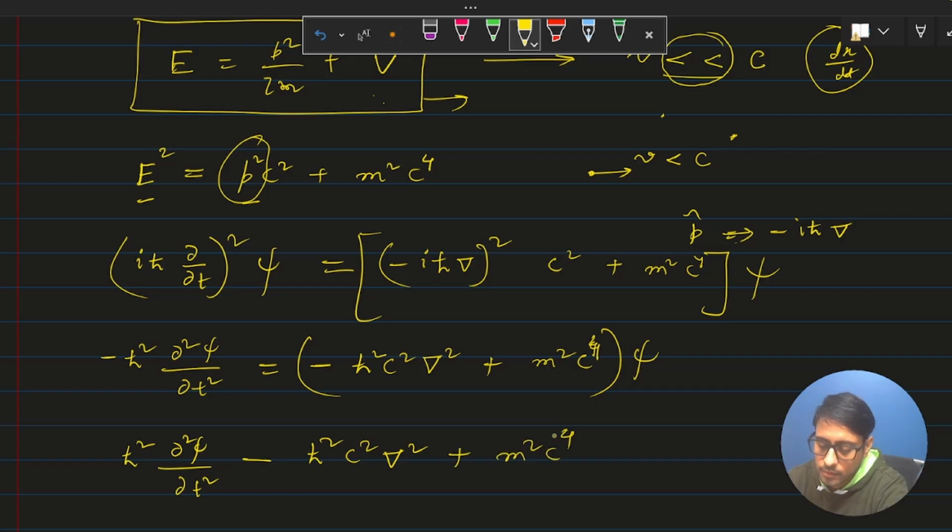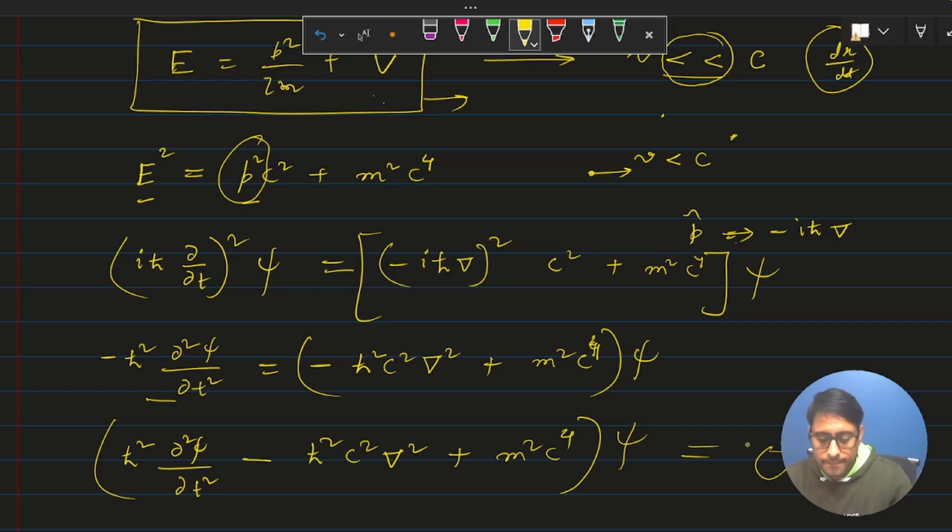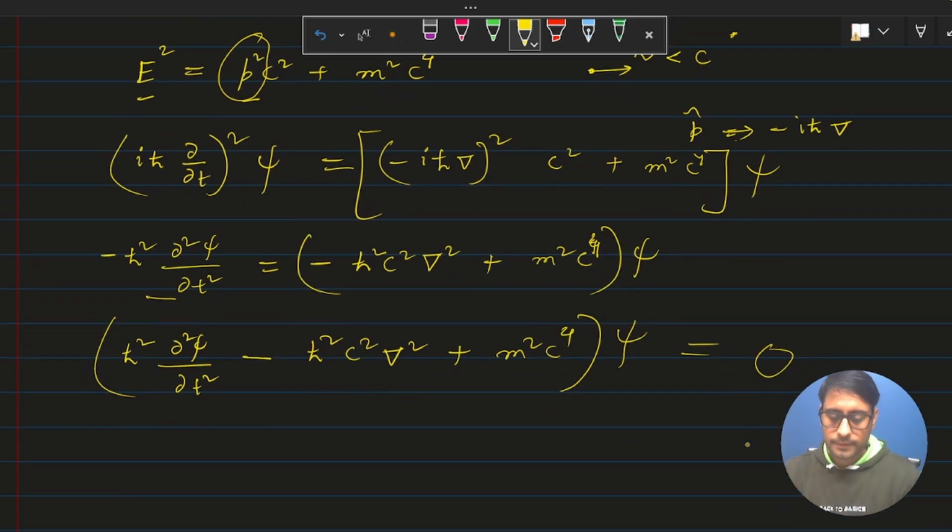I have taken this term to the right, so it will become positive, negative, and this is already positive, and the whole term is being applied to psi equals 0. So this is what we have got.